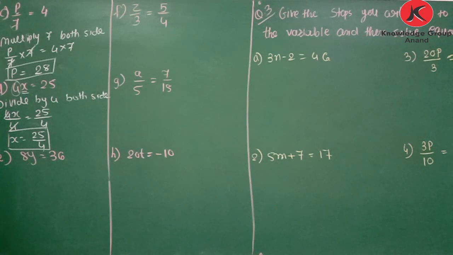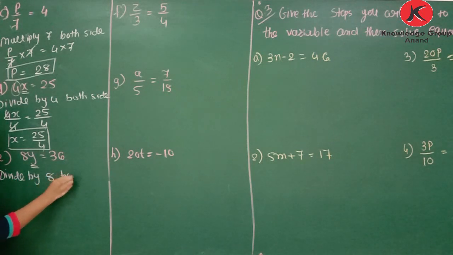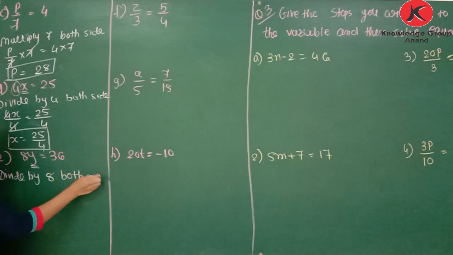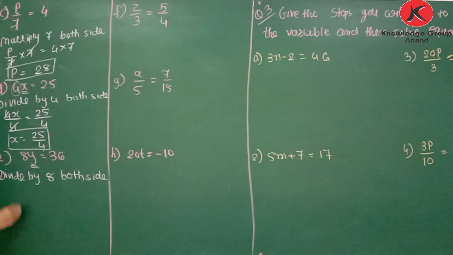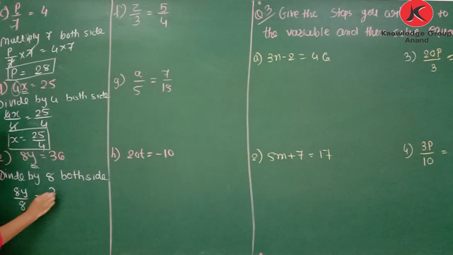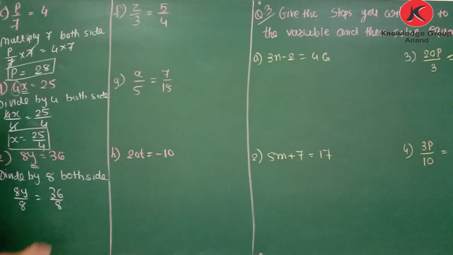8y is equal to 36. You need to find y. Need to remove 8 by dividing. Divide by 8 both sides. 8y by 8 is equal to 36 by 8. 8 cancels, so y is equal to 36 by 8.